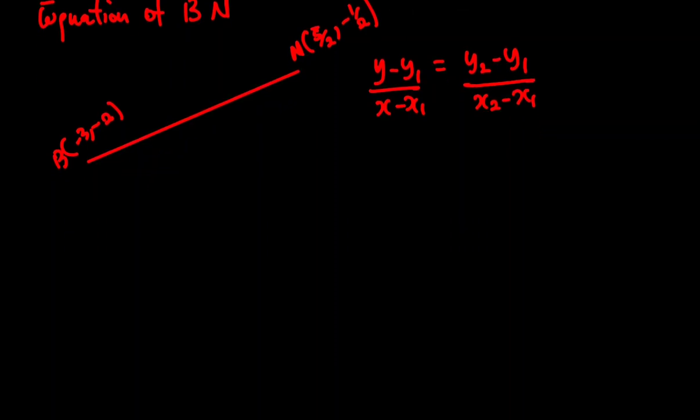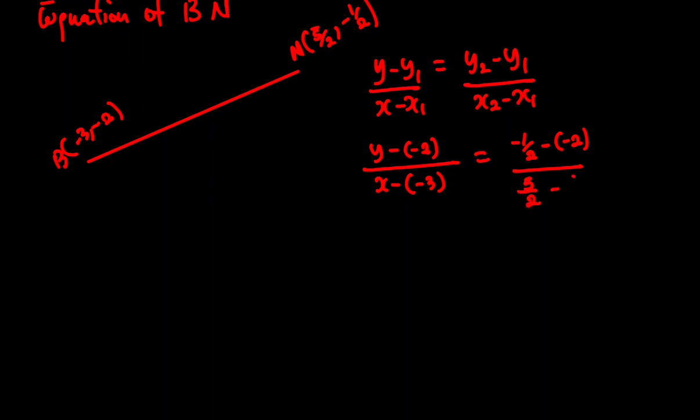Now, substituting the values for x1, y1, x2, y2, we are going to have (y - (-2))/(x - (-3)) = (-1/2 - (-2))/(5/2 - (-3)). Now, if you check, I always put my things in brackets. Why? Because I don't want to have issues with my signs.